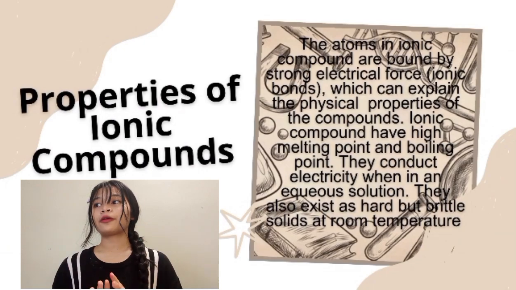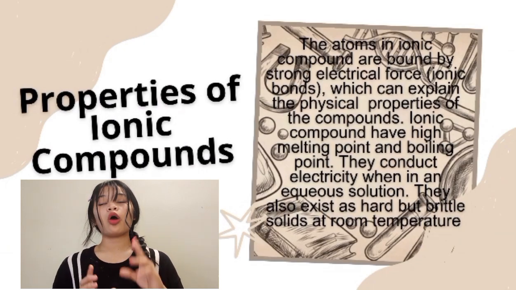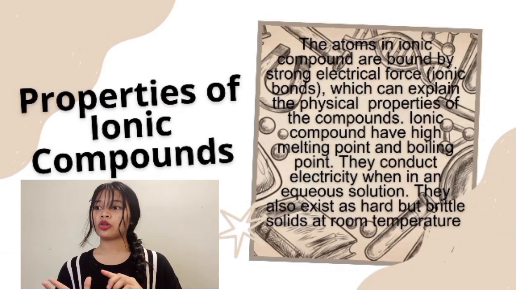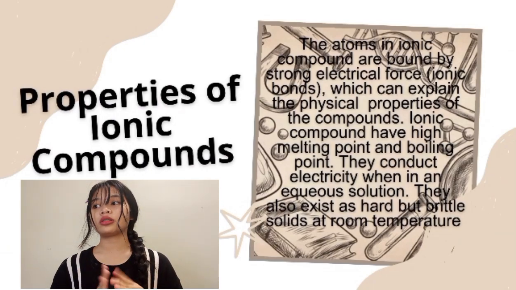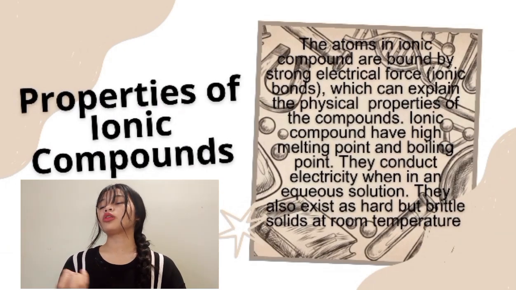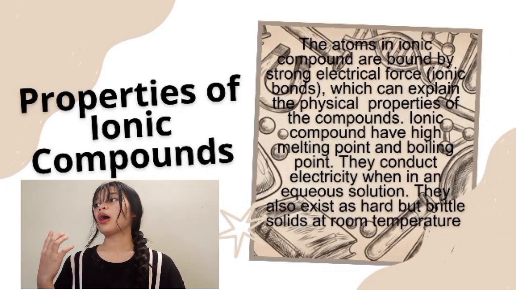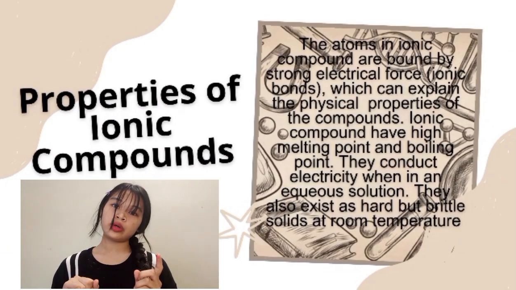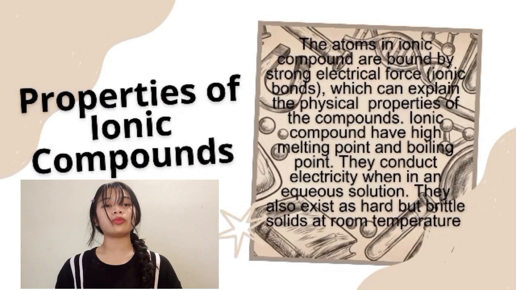Sulfur needs two electrons to become stable. So two potassium atoms give one electron each, a total of two electrons, and one sulfur atom will accept those two electrons to form potassium sulfide. So this is the result.